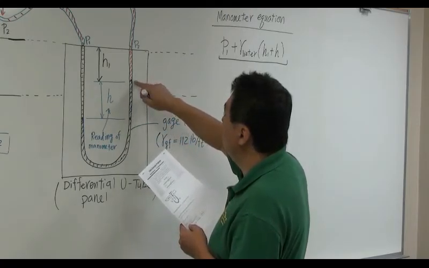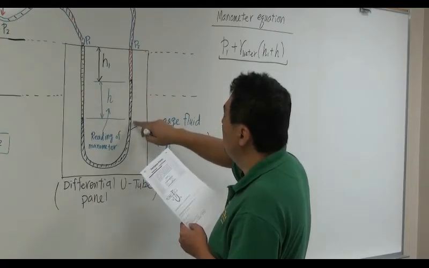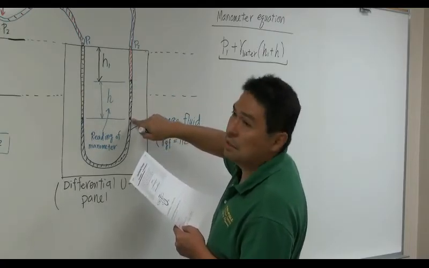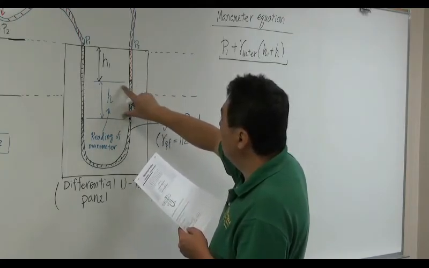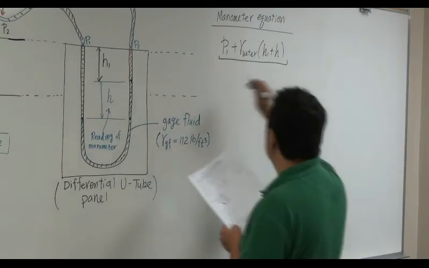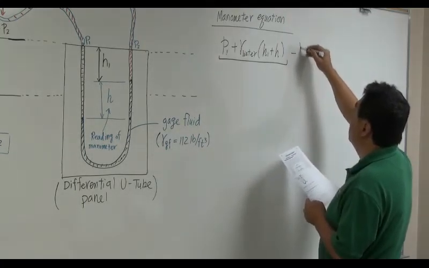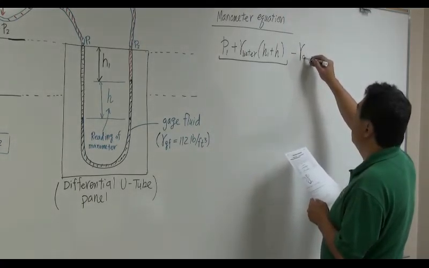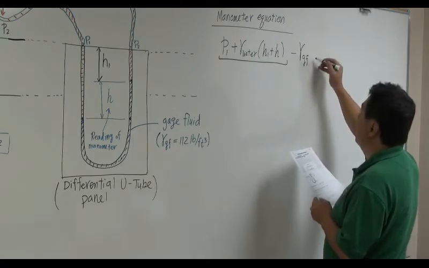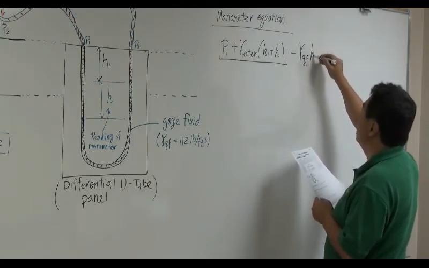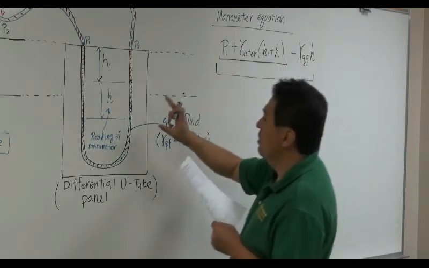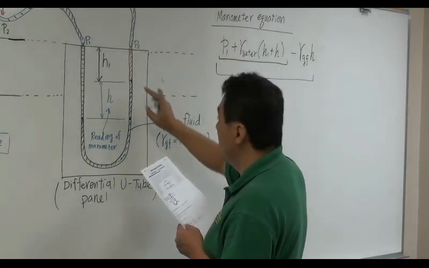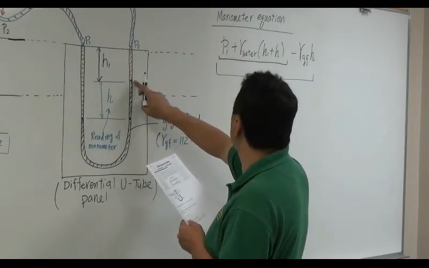What is the pressure here? Pressure here is whatever the pressure here is, minus, because it goes shallower, it's going to be lower pressure, minus gamma times this much H, right? Minus gamma of what? Gauge fluid, multiplied by H. Okay? So this is the pressure right here. That's right.